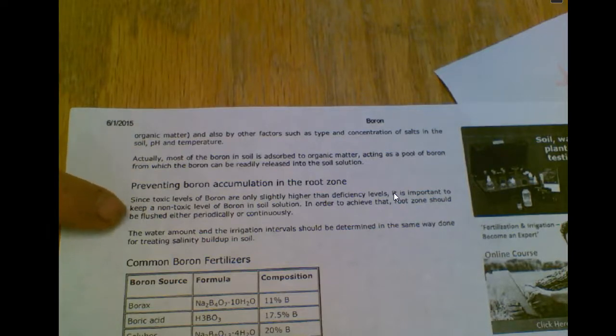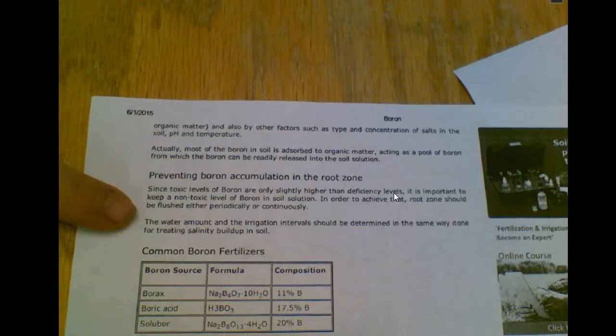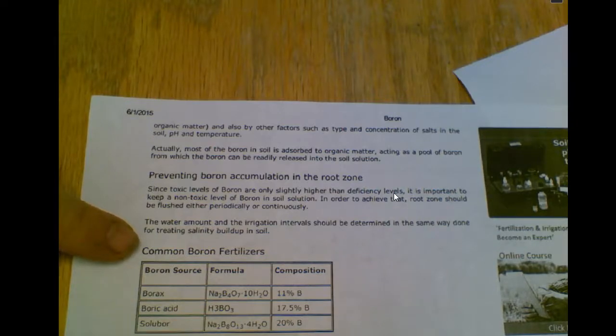Okay, so it says preventing boron accumulation in the root zone. And I can tell you on grasses, I've put 10-fold boron. I'm not seeing any toxicity, but with some plants, it is toxic. Okay, so it's important to keep a non-toxic level of boron in the soil solution. The root zone should be flushed either periodically or continuously if you're having a buildup of it. And the water amount and the irrigation intervals need to be determined in the same way done for treating salinity buildup in the soil, so you treat it the same.